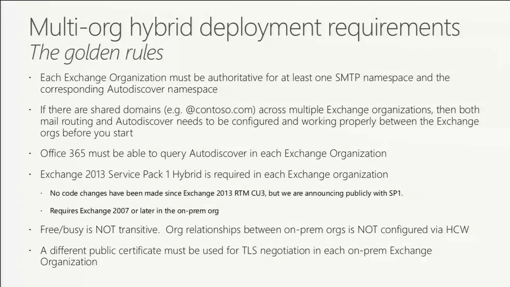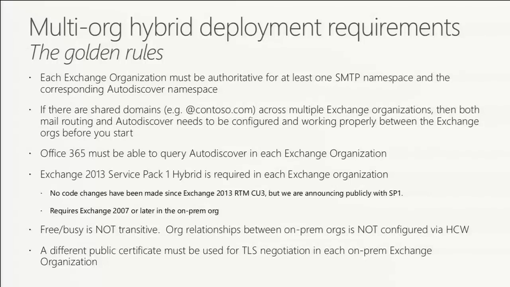We want to ensure that that process is complete, and as we walk through a couple of animated Autodiscover slides in a moment, you'll understand why this technical requirement exists. Office 365 is going to use that Autodiscover information that's published from each organization to make the queries and determine where the user is and how to find that mailbox recipient and do that FreeBusy query or the mail flow for that specific user in the org.